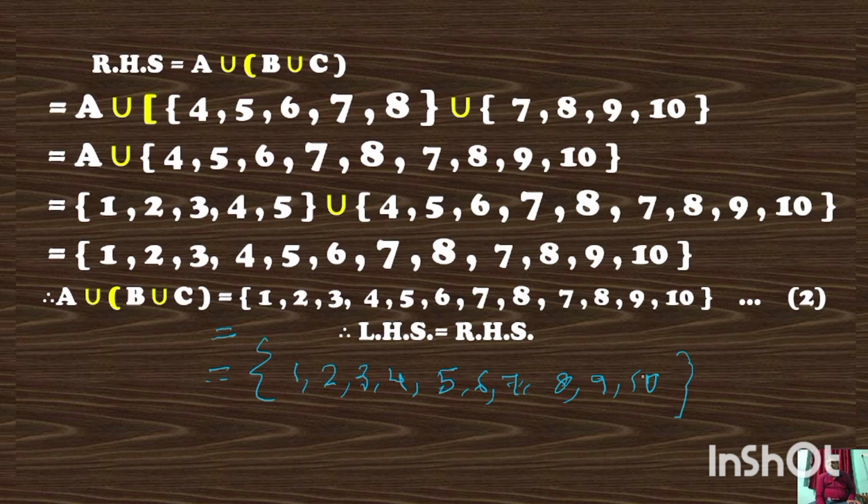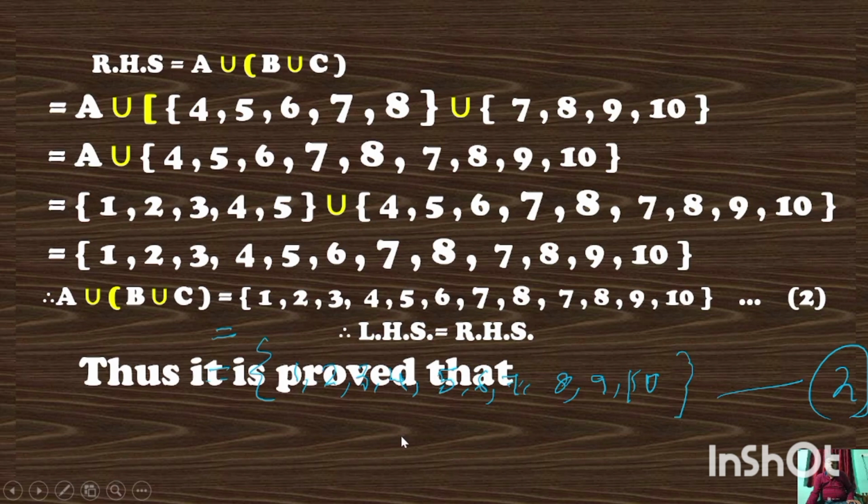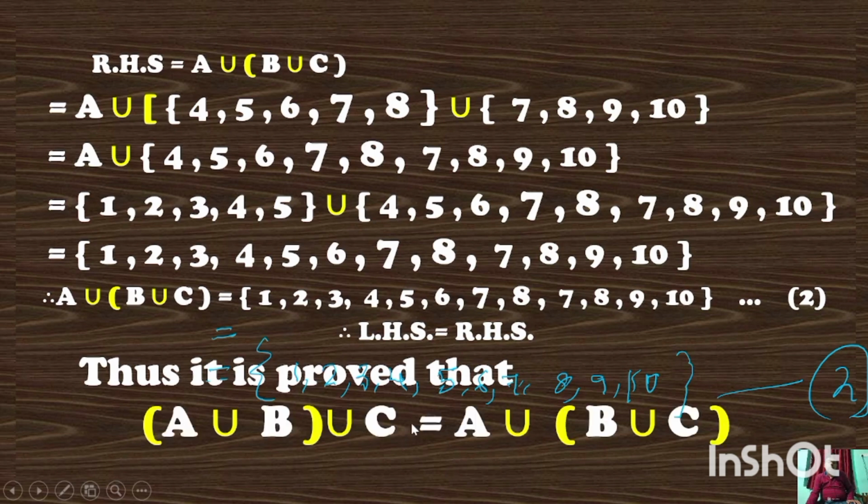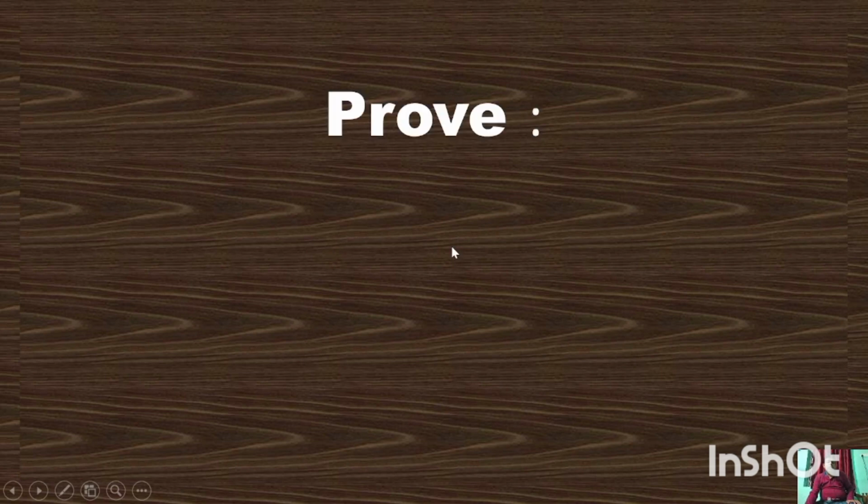This is the element set, and this is equation number 2 we got. The elements are repeated and the set does not vary. It is clearly understood that LHS is equal to RHS. Thus it is also proved that (A union B) union C is equal to A union (B union C). It means the union set obeys the associative law. This is how we can prove the associative law property by using an example.